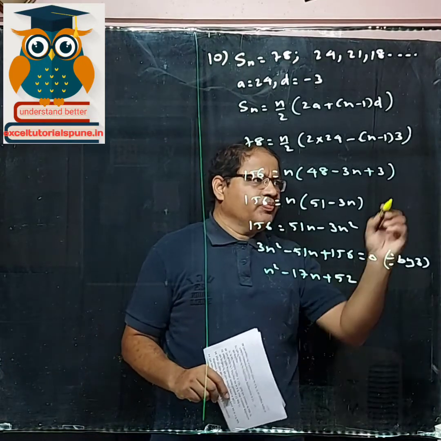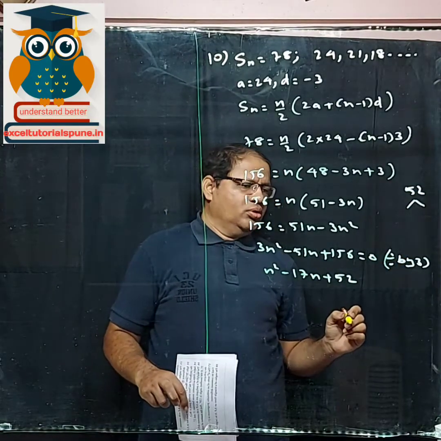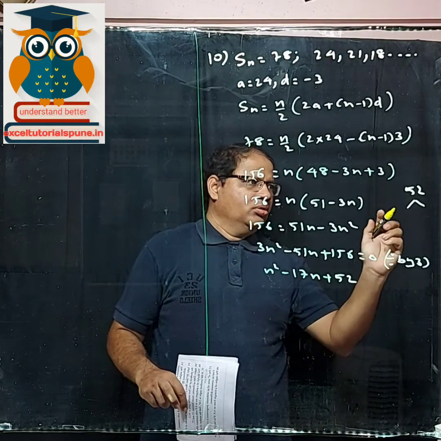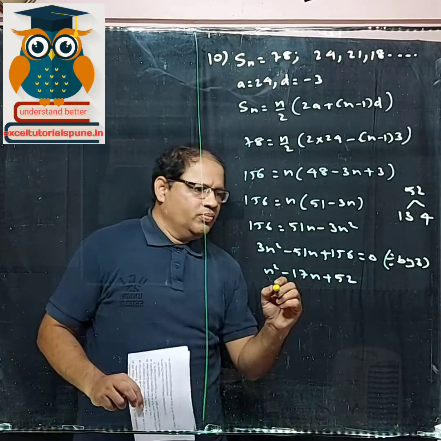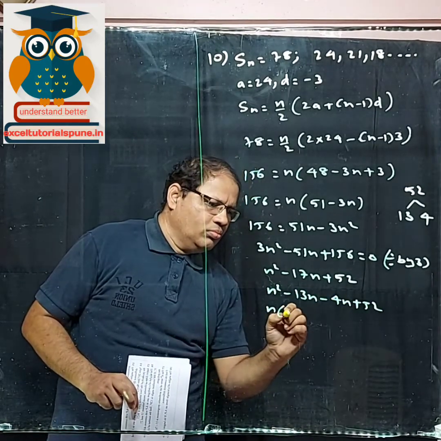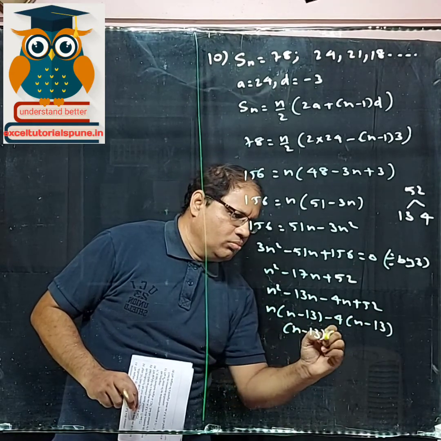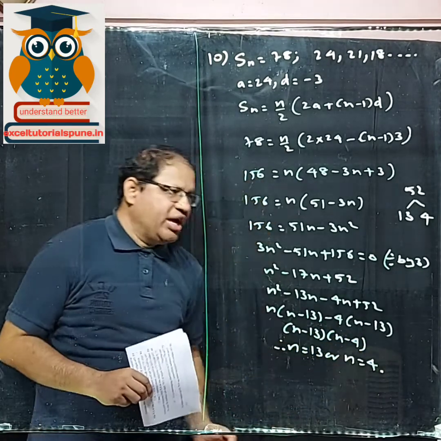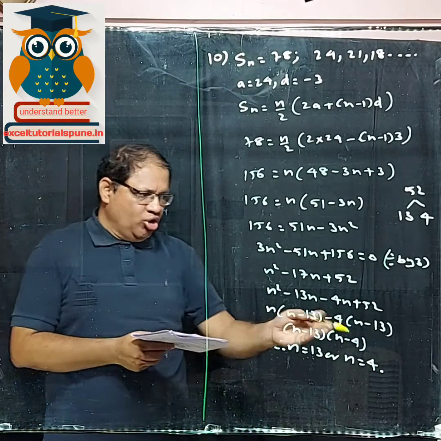So how much is it? 13 and 4. That's your answer. So the 10th sum, the number of terms are 13 or 4.